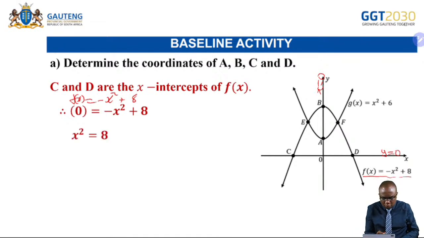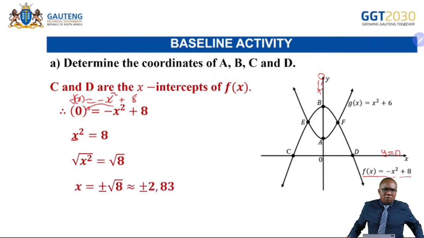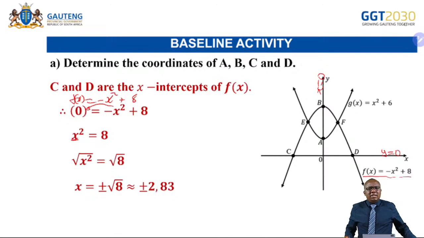Negative x squared comes to the left and becomes positive x squared. Now we square root both sides. What you do on the left, you do on the right. The square root of x squared is plus or minus root 8.